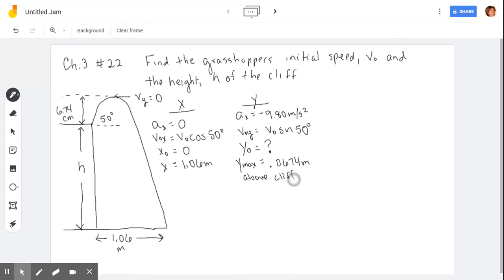And we know that that happens when Vy equals 0. At the top of the cliff, that's where the vertical velocity is 0. We're really looking at what happened from here up to here.